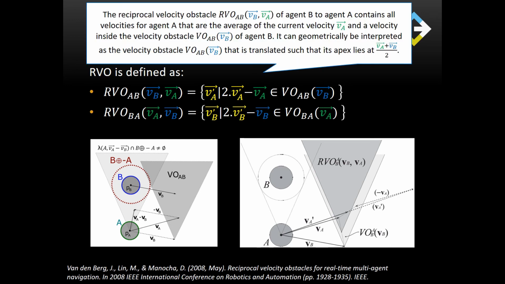In a nutshell, RVO is VO that is translated by the average of A and B's speed. So each agent will perceive the velocity obstacle to be slightly off. And so if every agent will take the same measurement, that is, to navigate towards the tip of this triangle, then they will not get into collision.